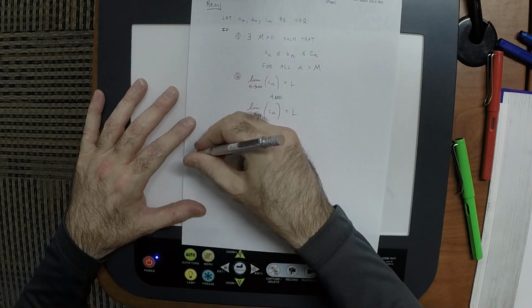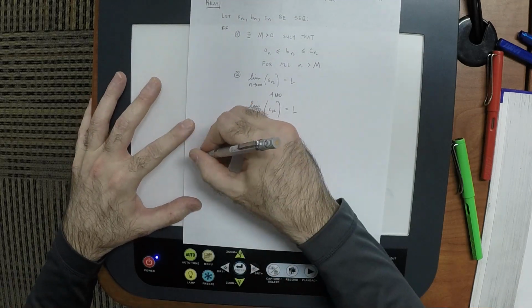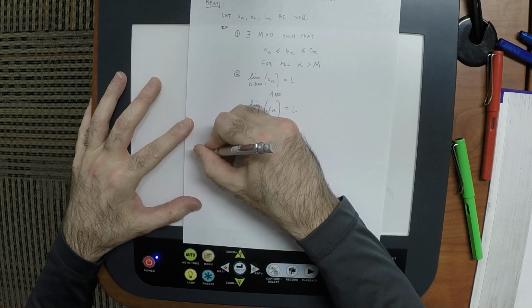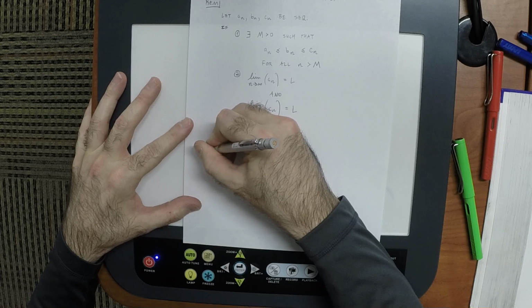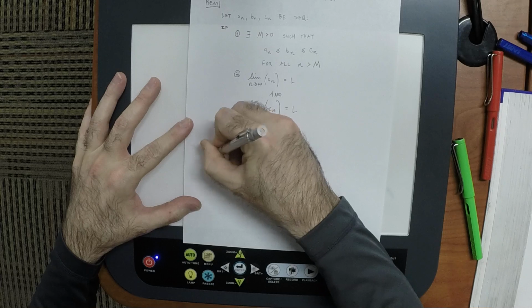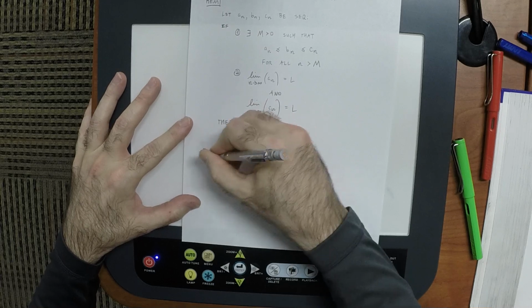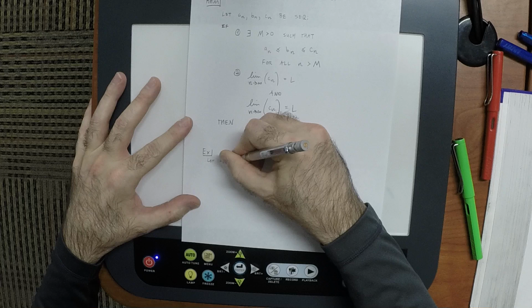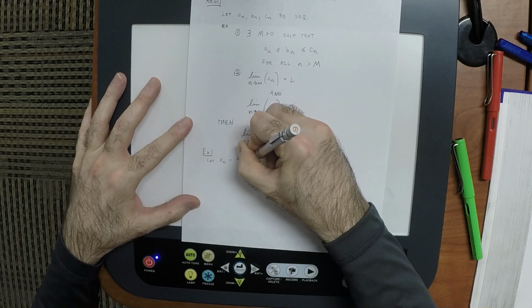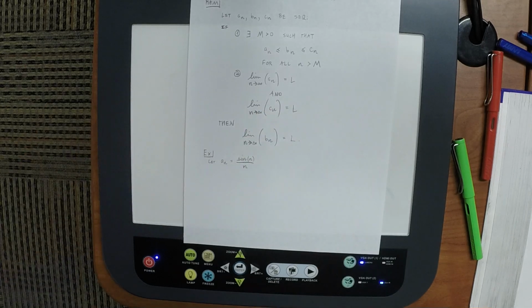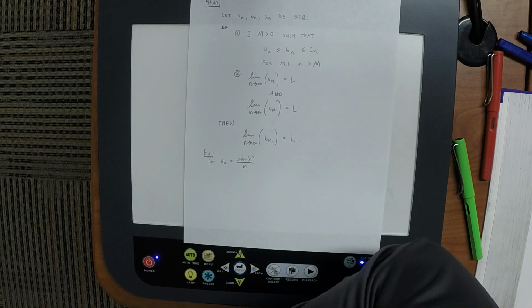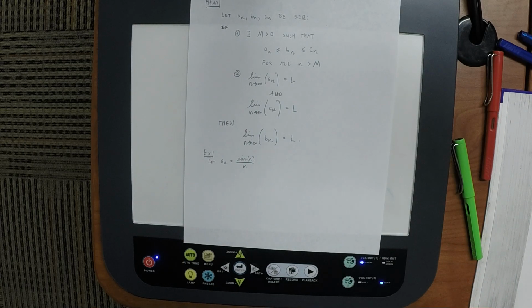Okay, so good. So here's an idea: we carefully did the following example. We said let a_n be sine of n over n. And what we did is we observed that the minimum that sine of n can ever be is -1, right? So the output of sine is always at least as big as -1. And what's the biggest that sine can ever be? 1.